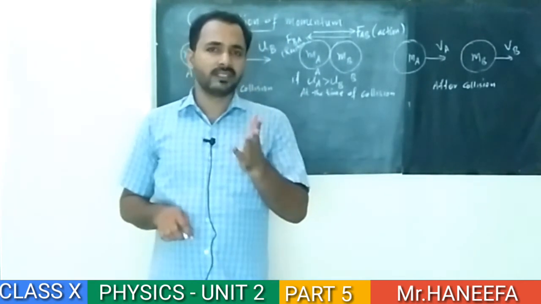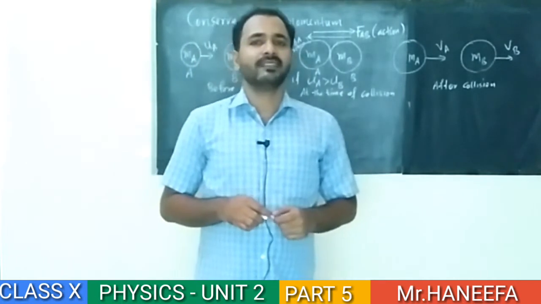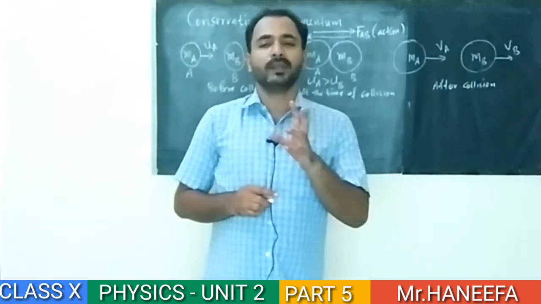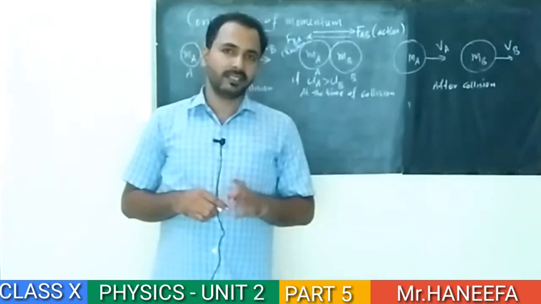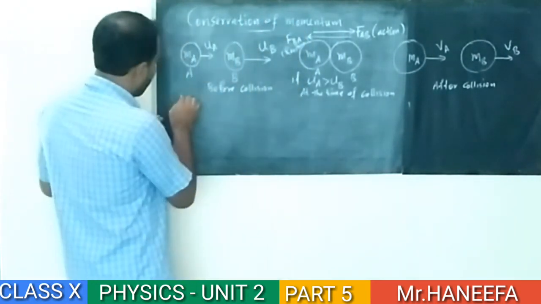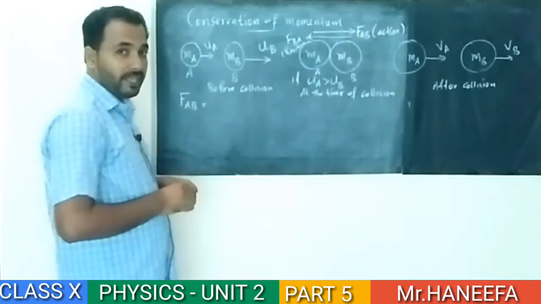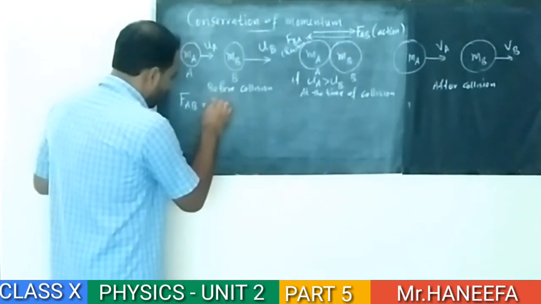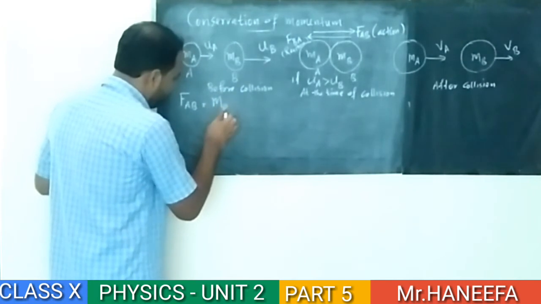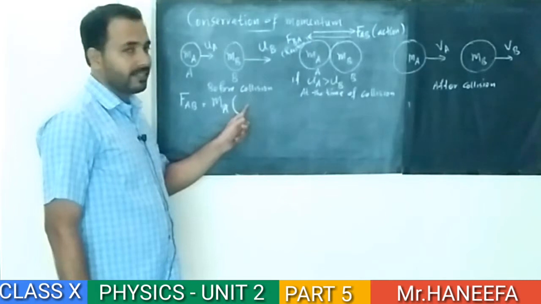Okay, then what is Newton's second law? Rate of change of momentum is directly proportional to the applied external force. That means F equal to ma. So we can write FAB equal to mass into acceleration.